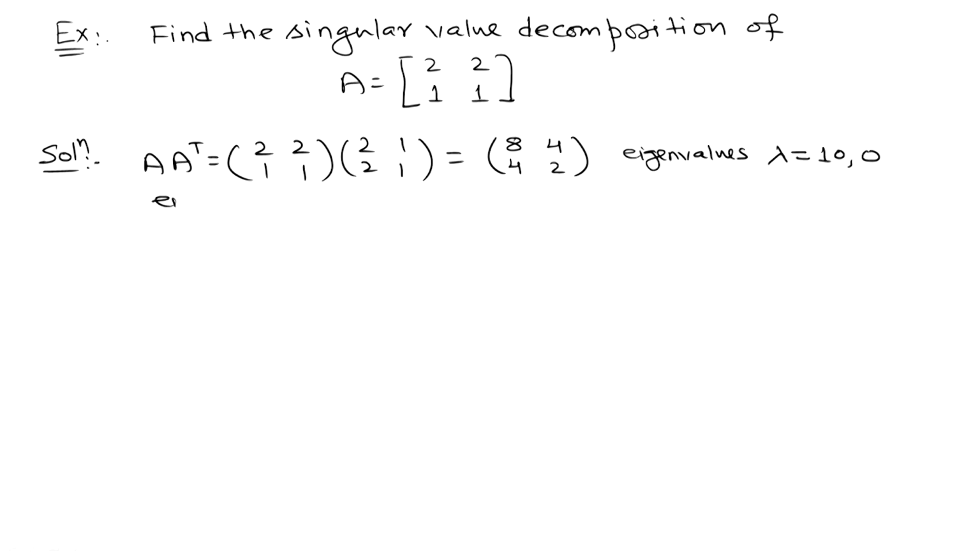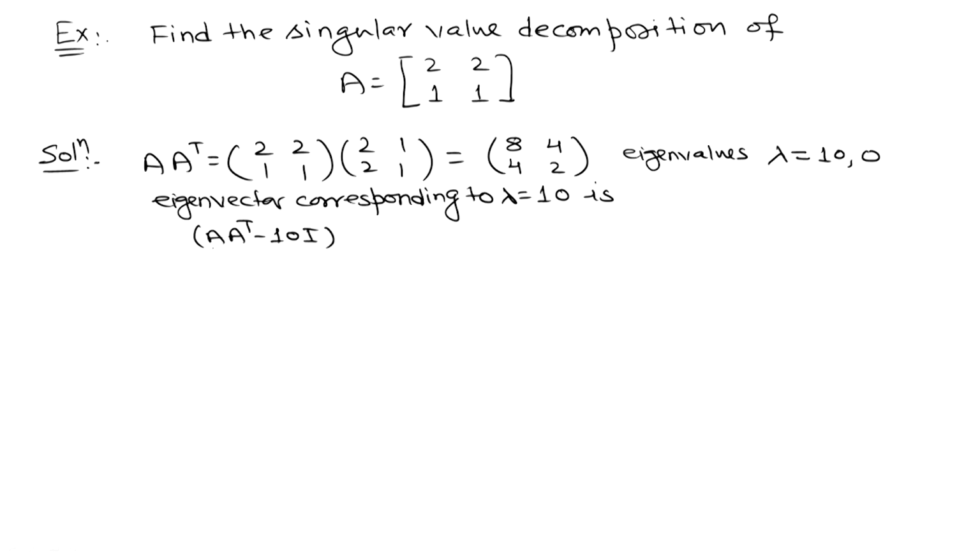Here, the eigenvector corresponding to lambda equals 10 is given by (A A transpose minus 10 I) into x equals 0.